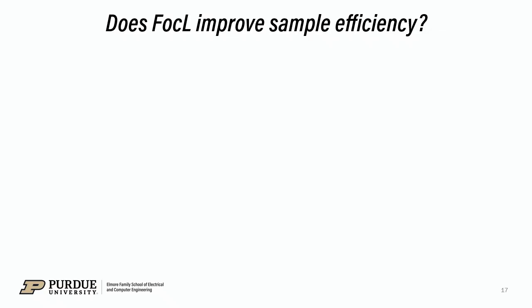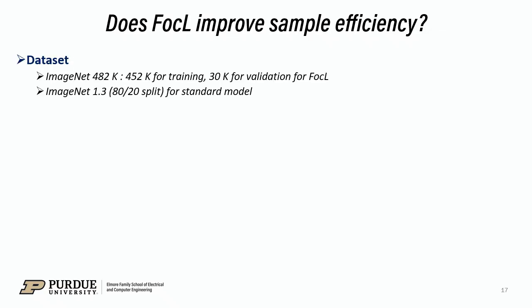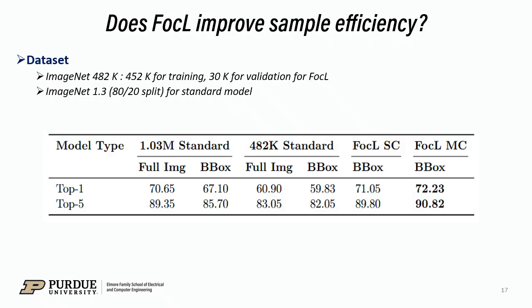Here we come to the last question: does FocL improve sample efficiency? To show that, we bring back our 482K data set, which has been used to train the standard model and FocL single crop and multi-crop. We additionally include another baseline, which is a standard model trained on the entire image data set, 80% for training and 20% for validation.